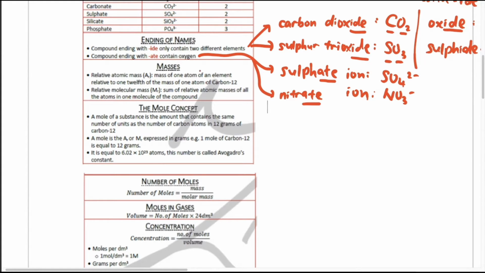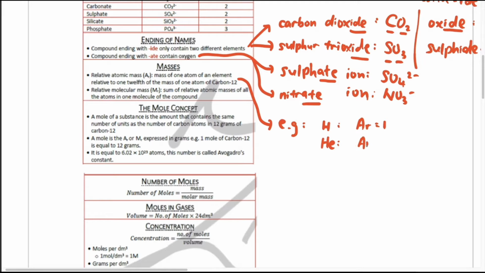Now let's say, for example, you will see hydrogen. So the relative atomic mass, I put Ar, is equal to 1. That means a hydrogen atom has the same mass as 1/12 of the mass of one atom of carbon-12. So let's say helium.